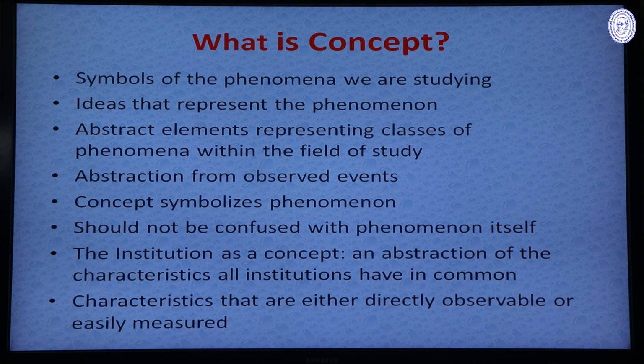It's not that we can always see the phenomenon in question. Either we can directly observe it, or if it is not directly observable, at least we can measure it. In that way, we can abstract the characteristics of those phenomena, and then through those abstractions we form a kind of symbolic representation, and that constitutes the concept itself.